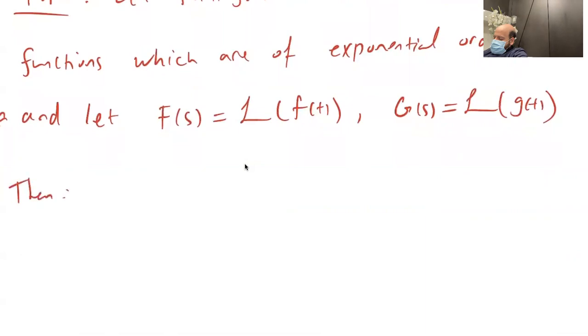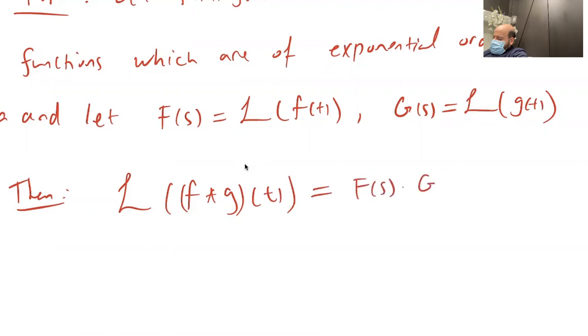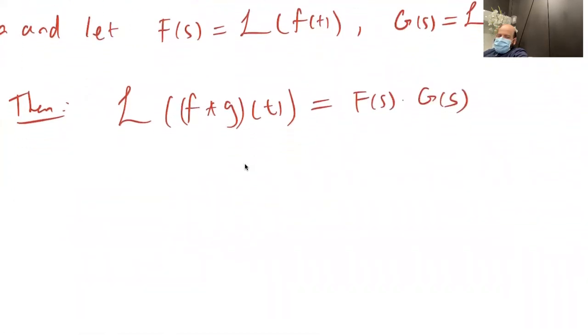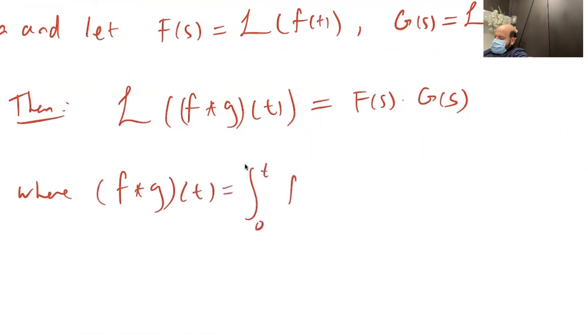Then we can say that the Laplace transform of f star g of t is equal to capital F of s times capital G of s, where f star g of t is the integral from 0 to t of f of tau g of t minus tau d tau, as defined above.